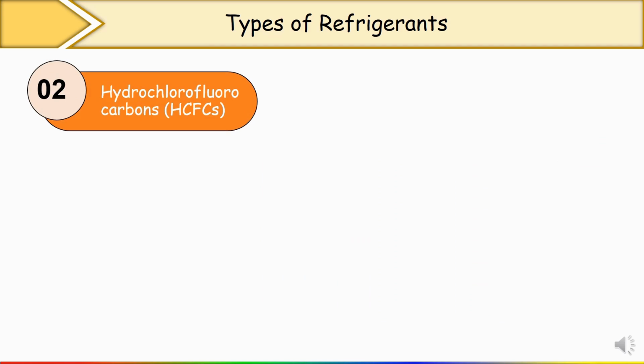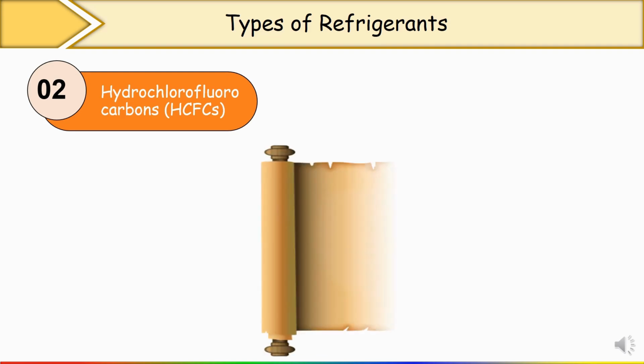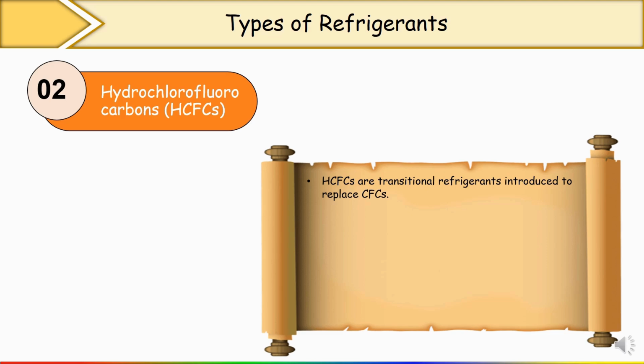Now the second type which we have to discuss here is hydrochlorofluorocarbon, in short HCFC. See what is this? HCFCs are transitional refrigerants introduced to replace chlorofluorocarbons.